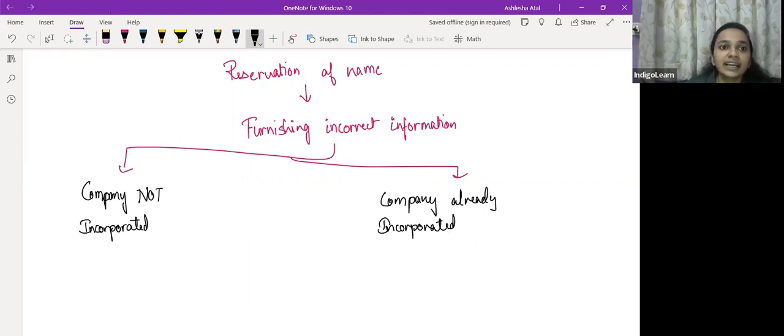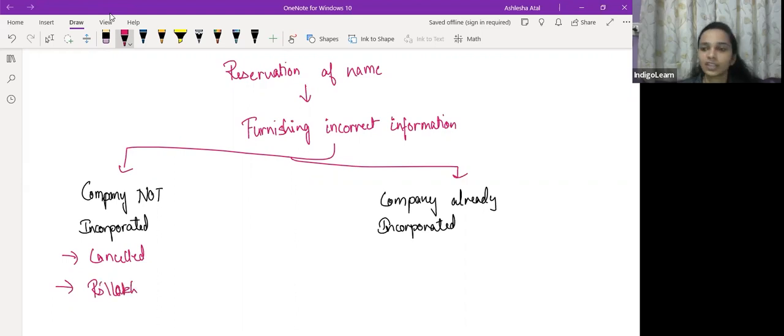If the company has not been incorporated, then the reserved name will be cancelled. The reservation will be cancelled because wrong information was given. And every person who has made this default, whoever filed this wrong information, will be penalised up to ₹1 lakh. Okay, the penalty may go up to 1 lakh.